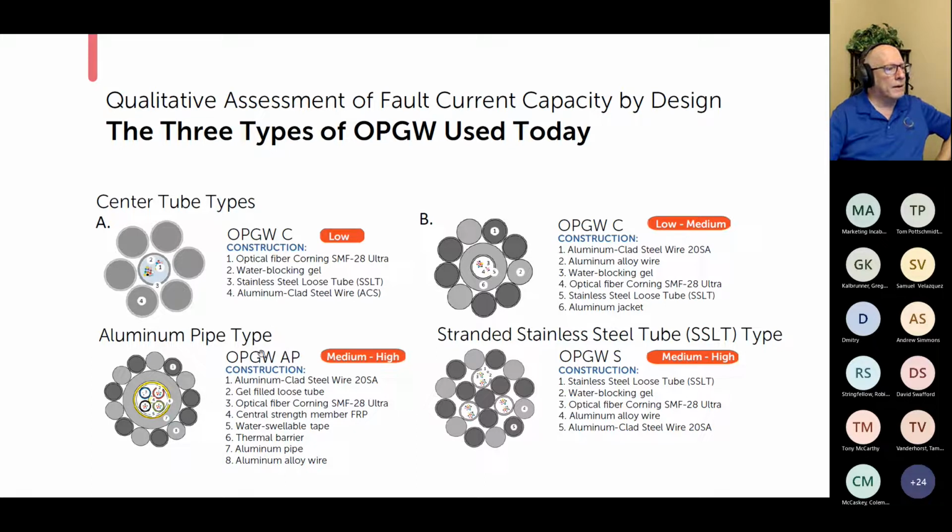Aluminum pipe type designs tend to be medium to high. And then stranded stainless steel loose tube designs, also medium to high. So the first cables are good when you're trying to keep diameter down. But when your fault current goes up, you really need to look at these design types.